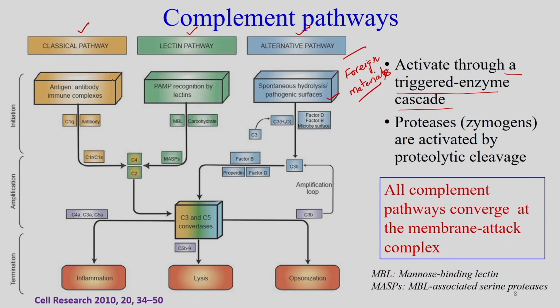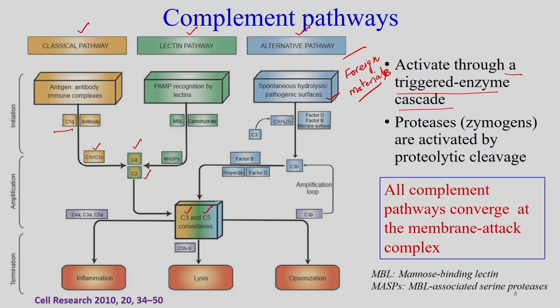In the case of the classical pathway, it is first initiated by C1q, which binds to the antibody, then it activates C1r and C1s, and then C1r and C1s cleave C4 and C2, and finally it results in the C3 convertases. The C3 convertases lead to C3a and C3b, and C3b also leads to the formation of C5 convertases.